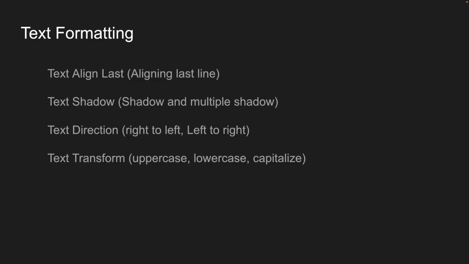It is either from left to right or right to left. You can set any of the text directions, and this applies to the whole element. And if you want to apply only a transformation, for example, if you want to convert whatever text you are getting into uppercase or lowercase or capitalize, you can use text transformation. These are some of the different properties and their specific values, and how they behave in CSS in our text formatting. That's it about your text formatting in CSS.